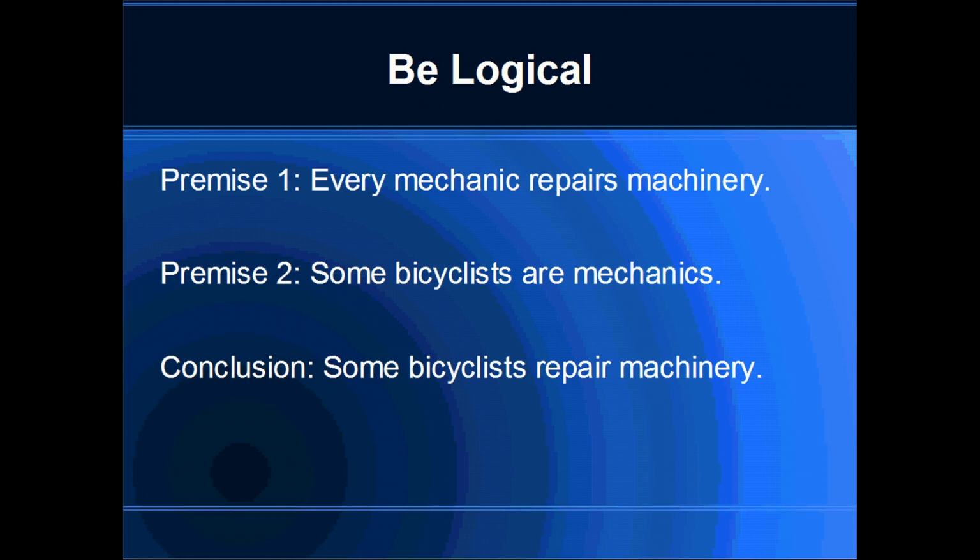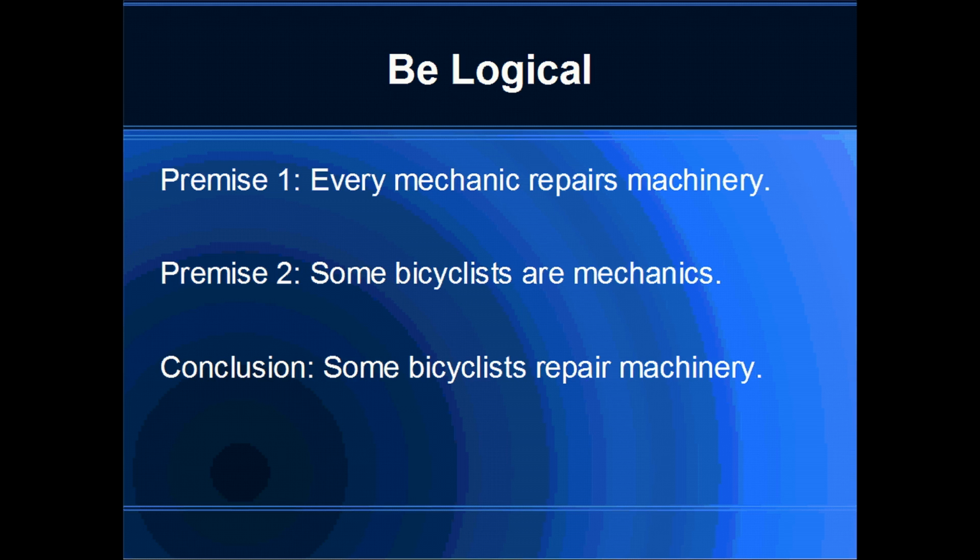Premise 1, every mechanic repairs machinery. Premise 2, some bicyclists are mechanics. So the conclusion you get is that some bicyclists repair machinery. Just to go back over that again: mechanic is a category and it's entirely subsumed under repairs machinery.